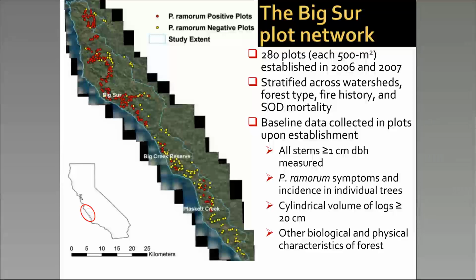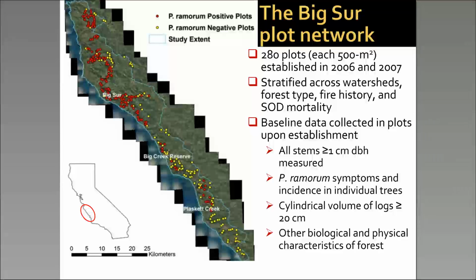A lot of them were known to have P. ramorum in them at the time of establishment, and a lot of them were considered free of disease at the time of establishment. In terms of forest type, I mentioned that redwood tan oak forests as well as mixed evergreen forests are the main forest habitats where P. ramorum is found.